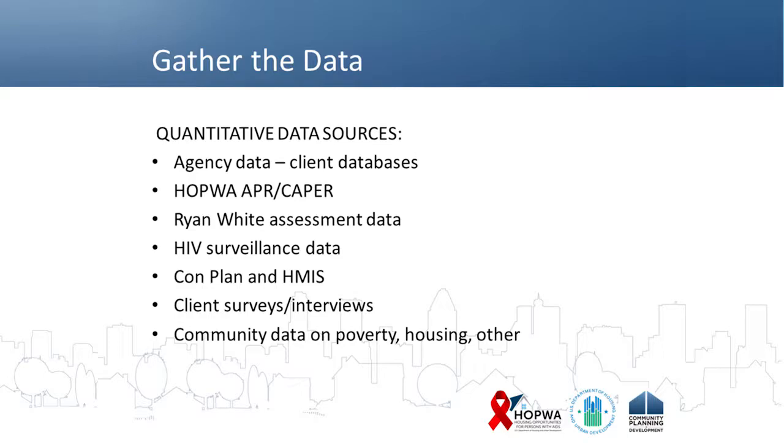Here are some sources for gathering the data that we would typically refer to, starting out with the data that we already have in-house about all of our clients, both in the aggregate as well as potentially in age group bands, or by gender, or whatever special characteristics might matter to us, the veterans, people with criminal histories.